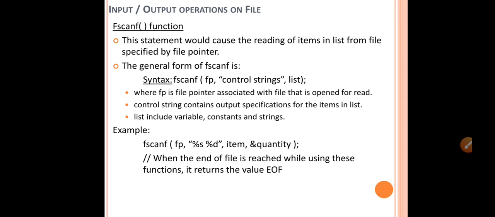Let's see the example. fscanf fp, %s %d, item comma quantity. Here fp is a file pointer, %s and %d are the control strings, and item and &quantity is nothing but the list of items. Okay, we are going to fetch them from the file.